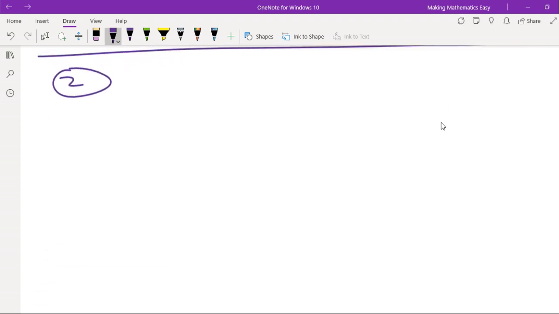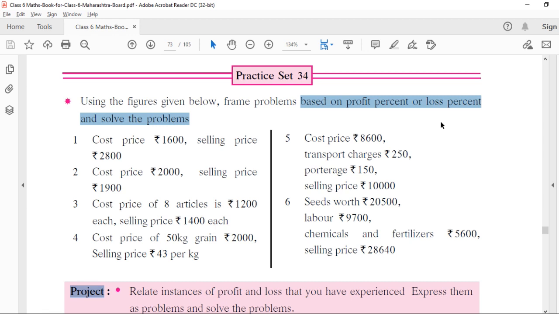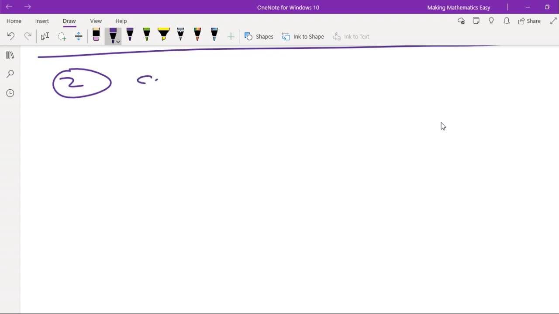Okay, let's move on to sum number 2, which says cost price is equal to 2000, whereas selling price is equal to 1900. In this case we can clearly see our selling price is lower than cost price, which means we have incurred a loss over here.